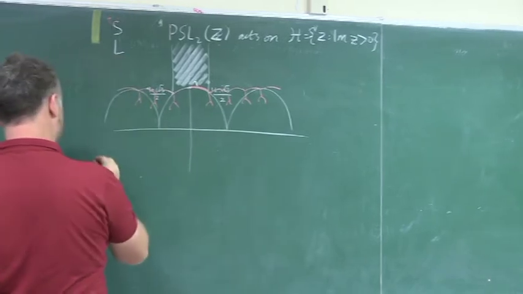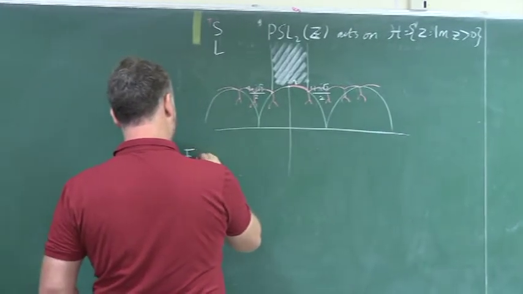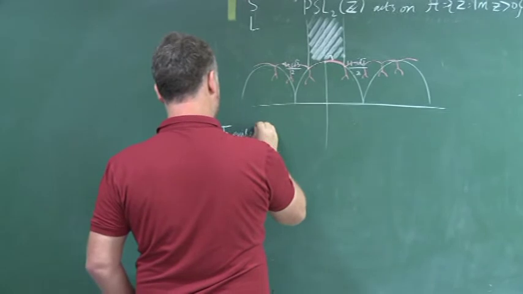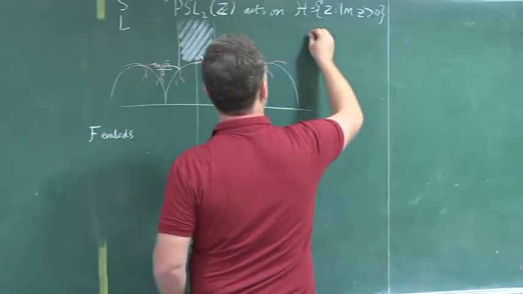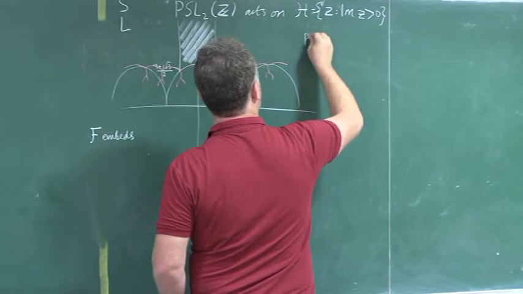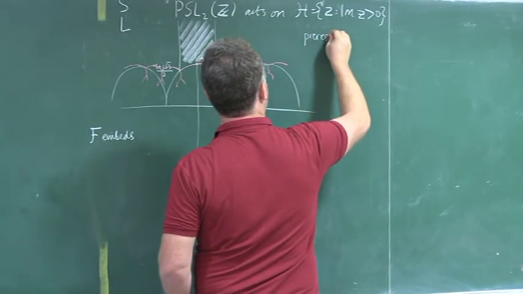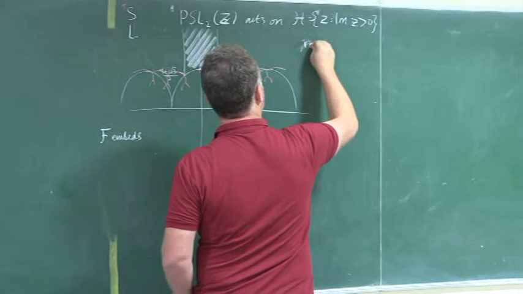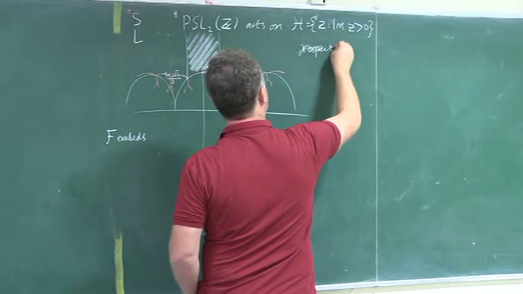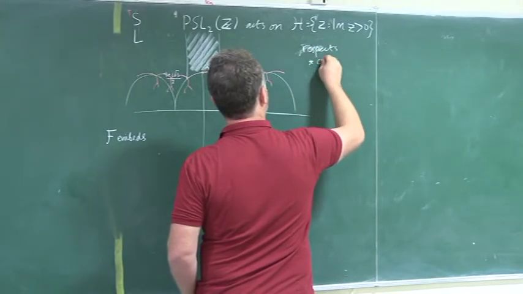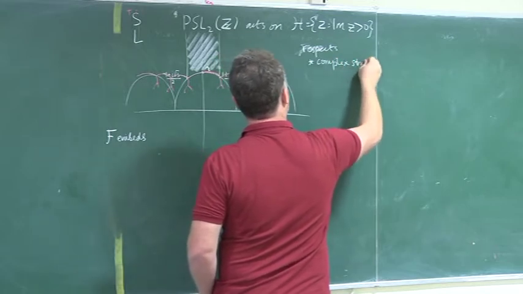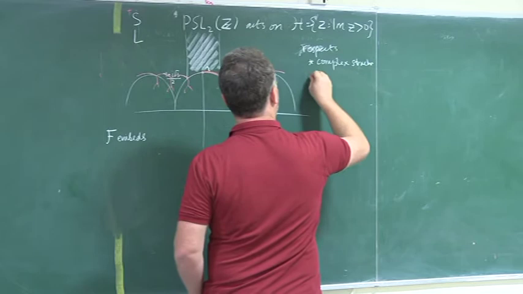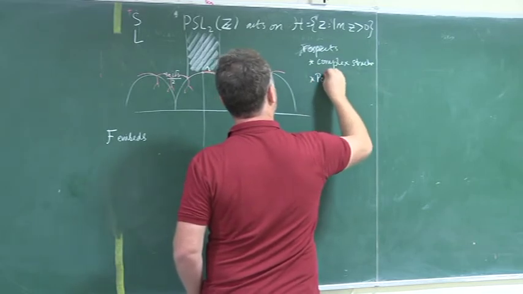Hence, our Farey tree embeds. Perhaps I must note these two facts. This action preserves and respects at the same time the complex structure and the hyperbolic Poincare metric.